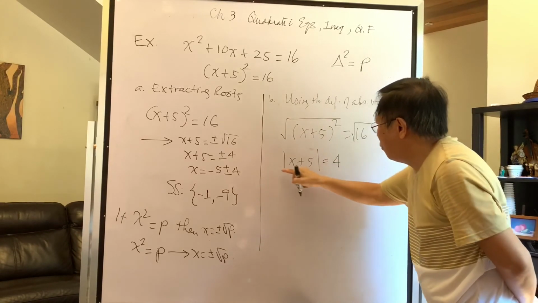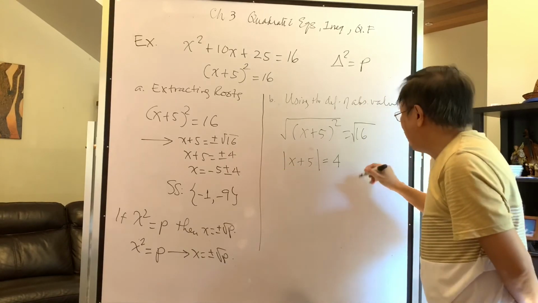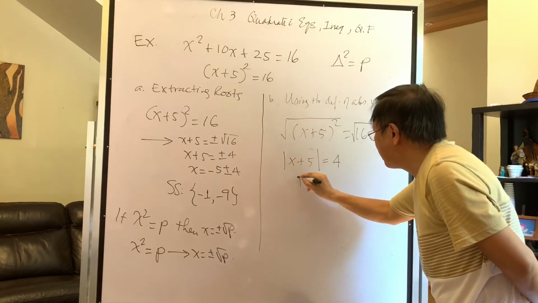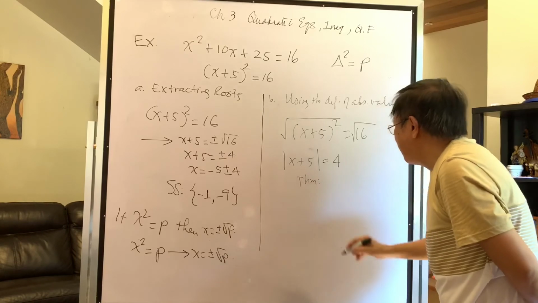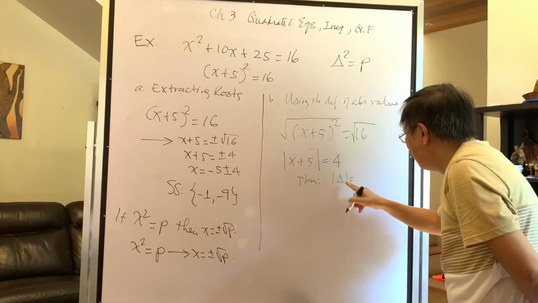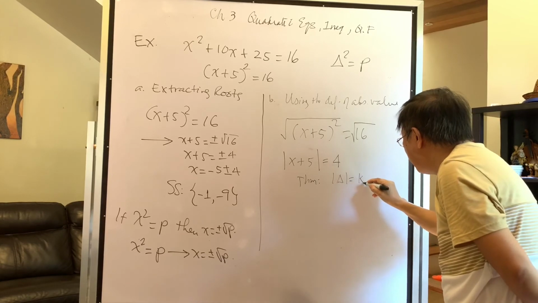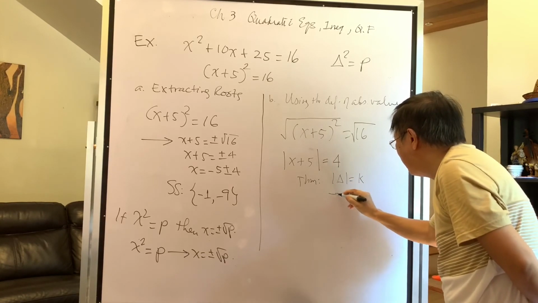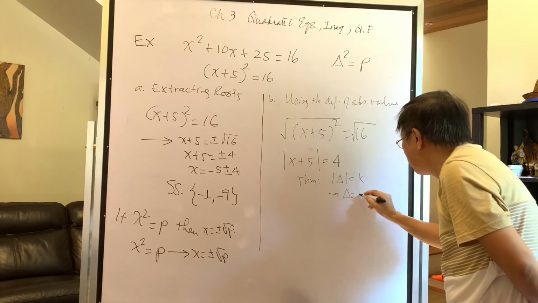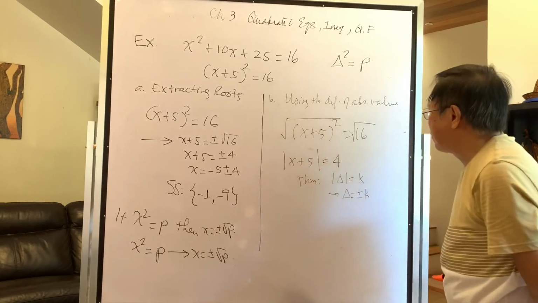If you are already here, our theorem now works. I am writing that theorem for the last time here. If I have the absolute value of triangle equals k, then triangle equals plus or minus k.